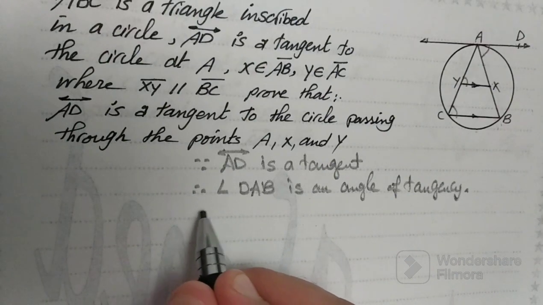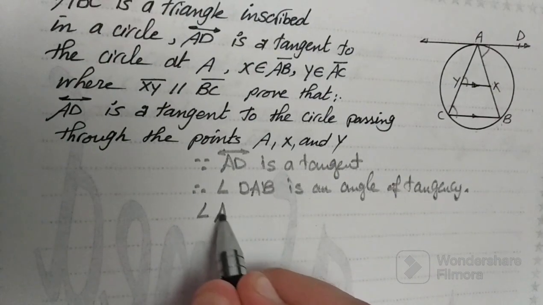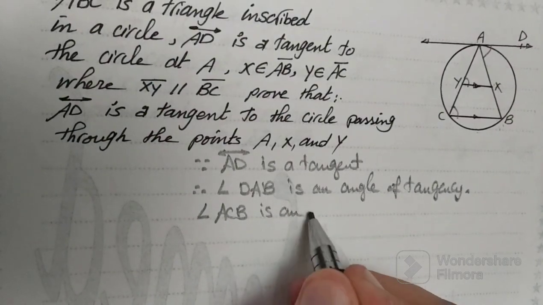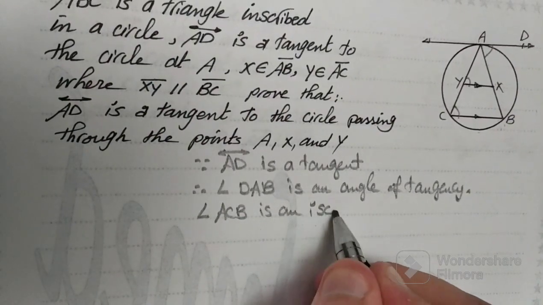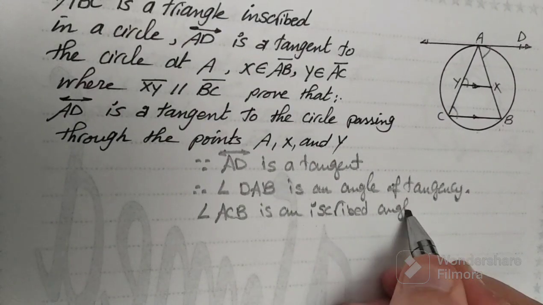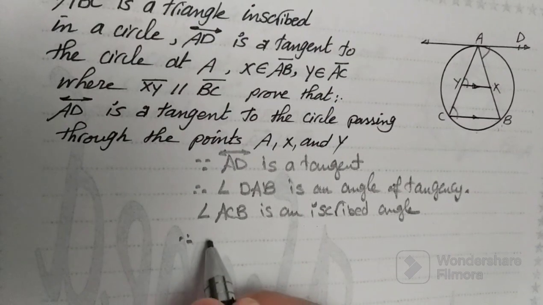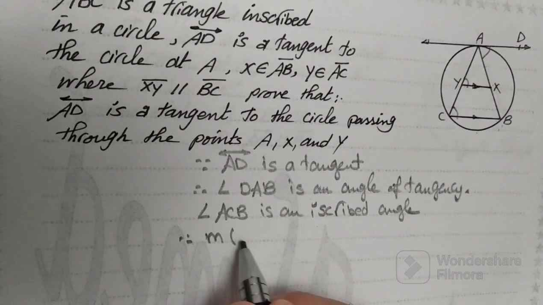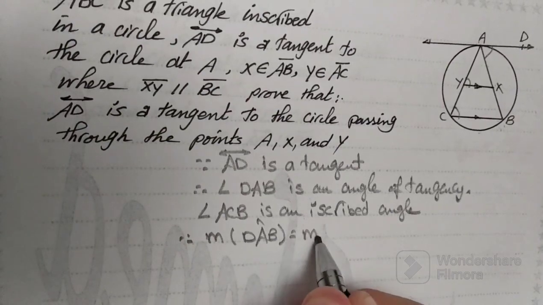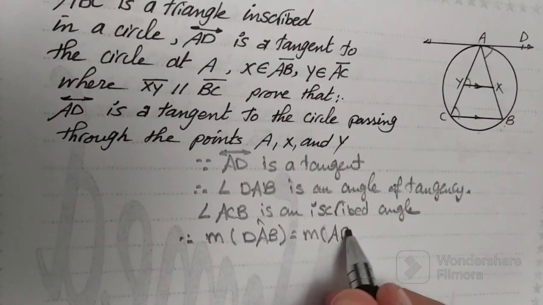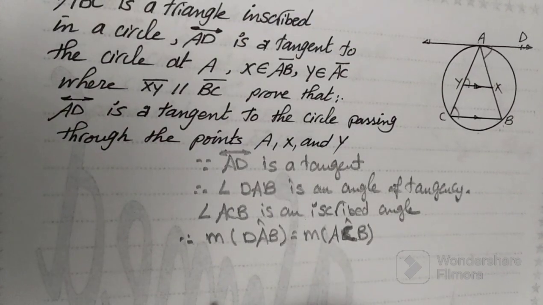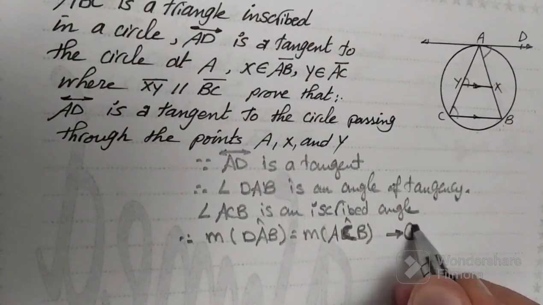Angle ACB is an inscribed angle. Therefore, the measure of angle DAB equals the measure of angle ACB. Okay, number 1.